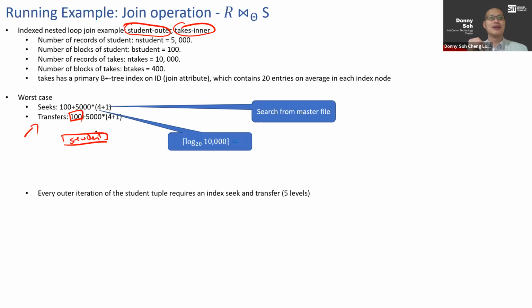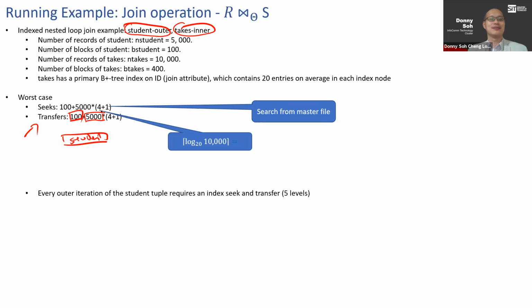In the inner loop, because it's an index join, for every single tuple in my outer loop, I also have to check. So that's why I have this 5,000 in my outer loop, right?